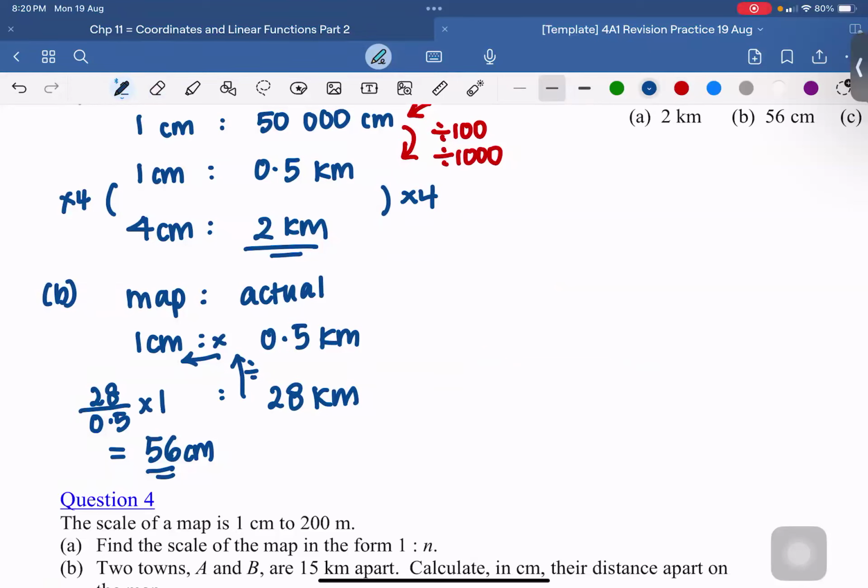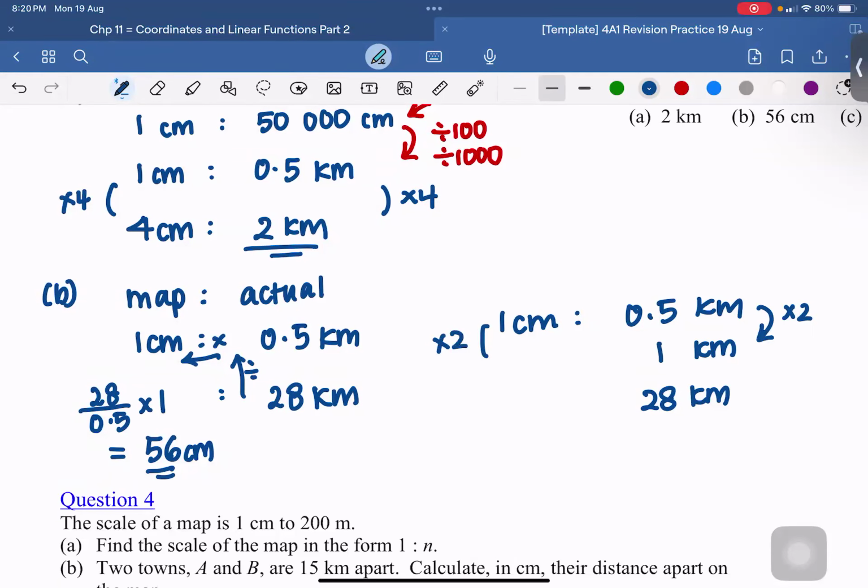For example, 1 cm is to 0.5 kilometer, right? I want to find 28 kilometers. Then first, I find 1 kilometer. From 0.5, how can I get the number 1? The normal way, I'll just take 0.5 divided by 0.5. If not, you can also think very logically: this one just times 2 on both sides. Also can. So if I have times 2, then this one will be 2 cm.